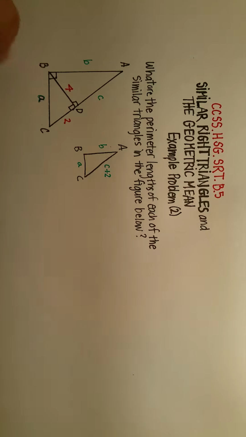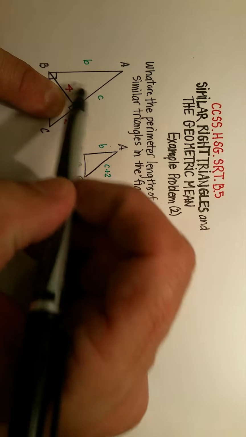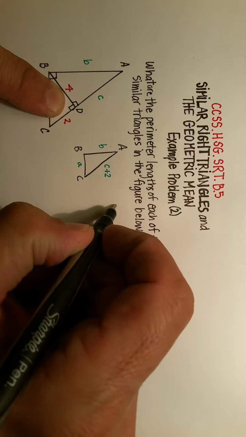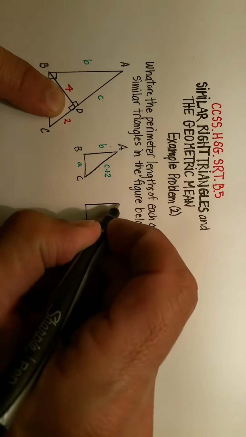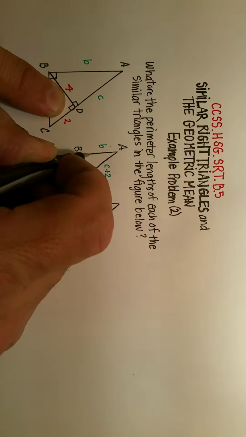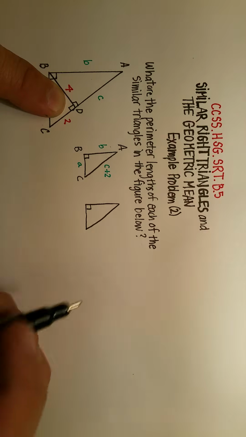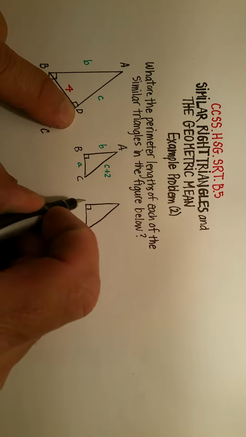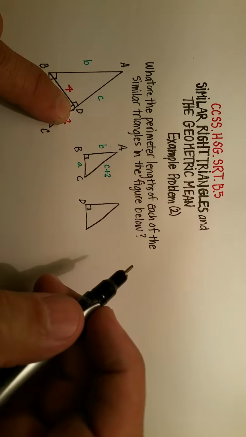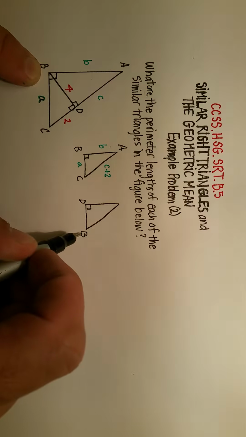Now, the next triangle that we can see of the similar triangles is this second largest one, which is right here. So again, let's just draw a right triangle, just like this one's a right triangle. And let's go ahead and label the sides. Now, where the 90-degree angle is, it looks like we called it D, so let's do that. If I go up the short leg, it would be B here.